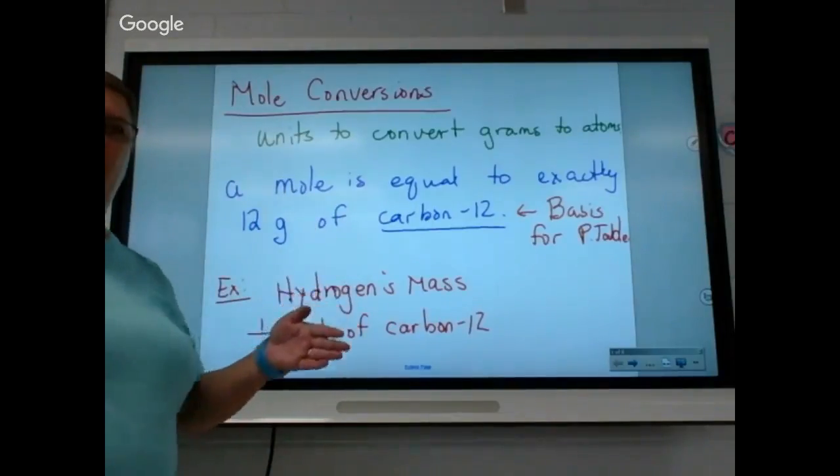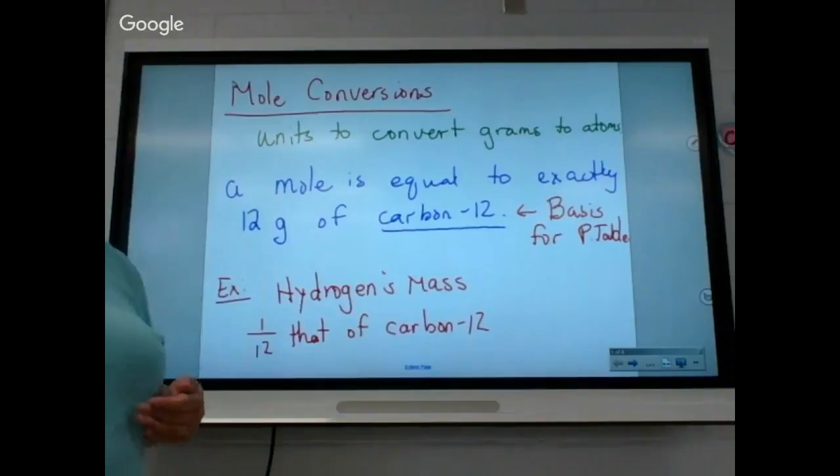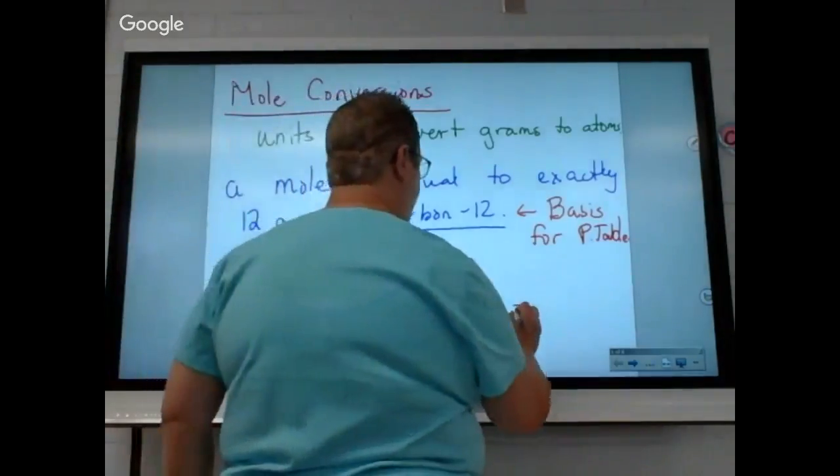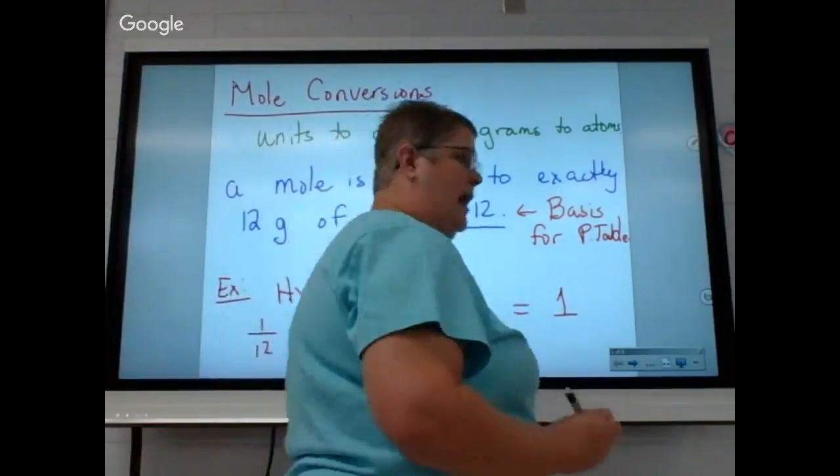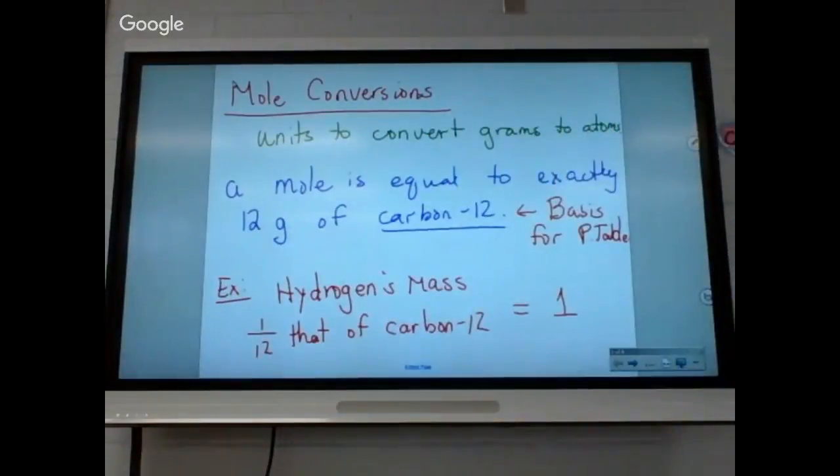What is 1/12 of carbon 12? It's 1/12 of 12. 1. Okay? If you look on the periodic table, what is hydrogen's mass? 1. We can do that with all of the elements on the periodic table. They're all related to carbon 12 in some way. We are not going to do that. Okay? I'm just telling you that all of the elements on the periodic table are based on carbon 12.